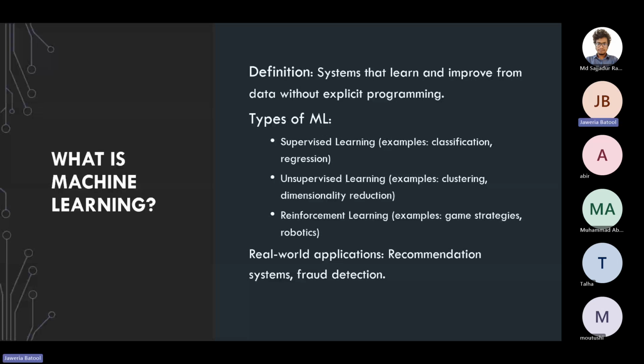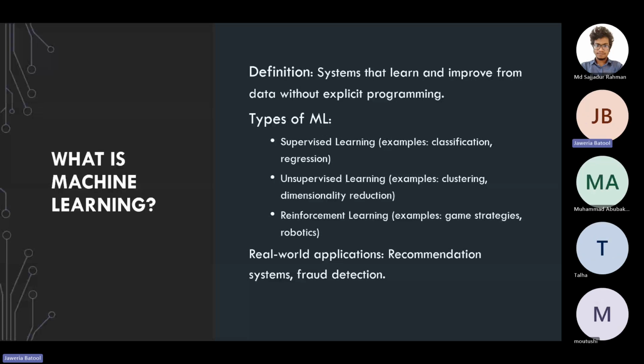In reinforcement learning, we train the model based on experience, like in game strategies and robotics. Why robotics? Because robots trained using reinforcement learning learn by mistakes, you could say.